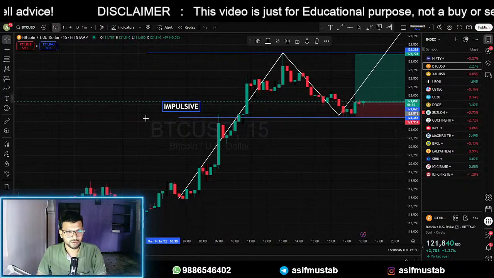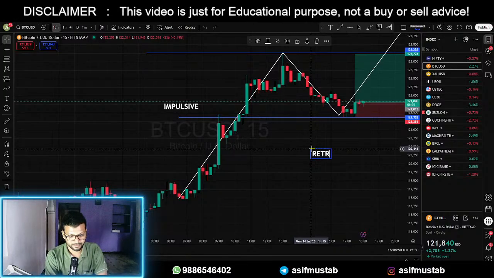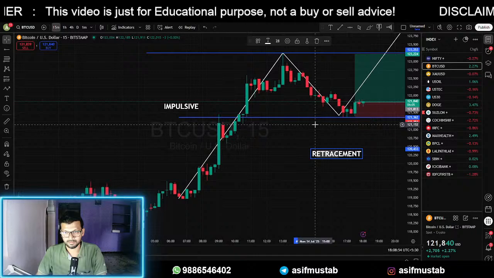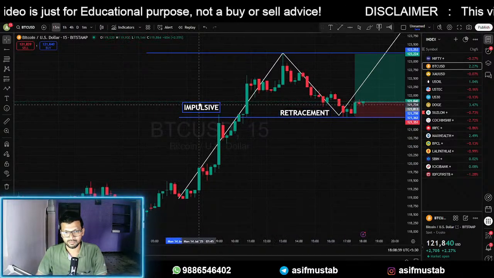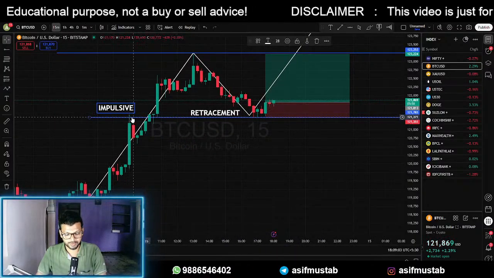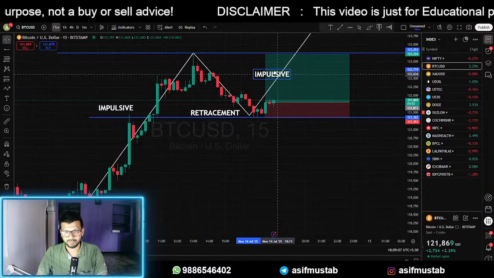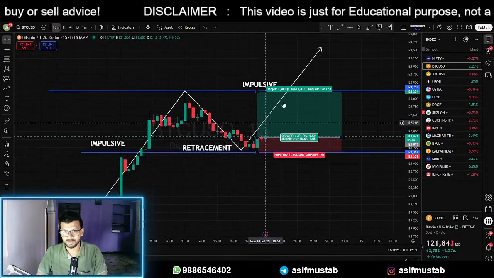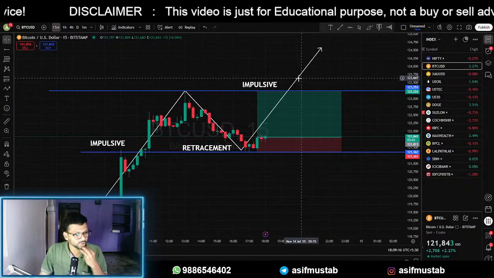Okay, and this small selling is called retracement. This is our impulsive, this is our retracement, and the same impulsive must come here. Okay, this must be our impulsive, meaning the market must move in continuation of the impulsive.